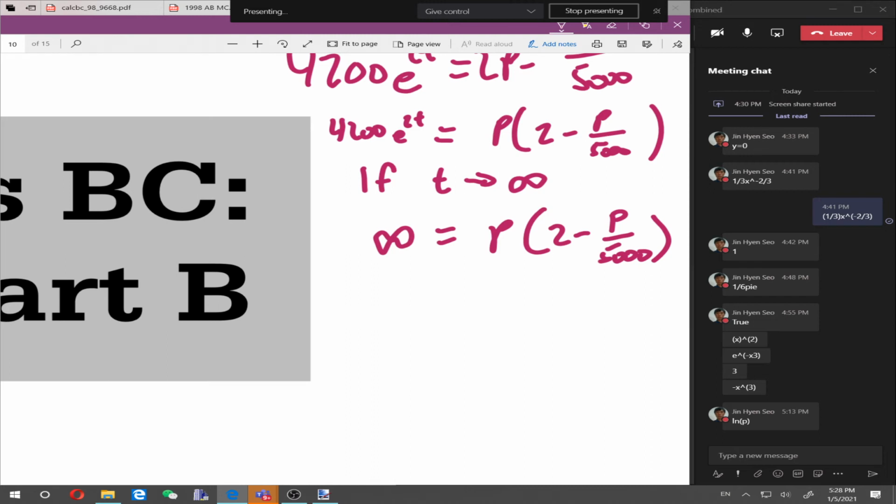If my population is 5,000, then this would be 2 minus 1 is 1 times 5,000 would be my population. If my population is 10,000, then we approach 0 again.